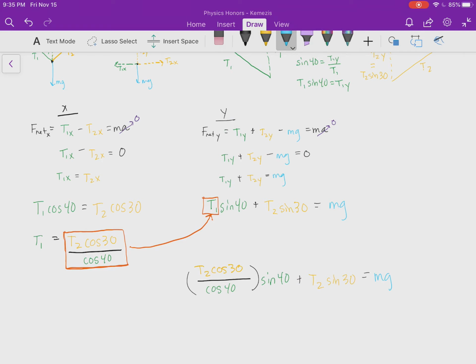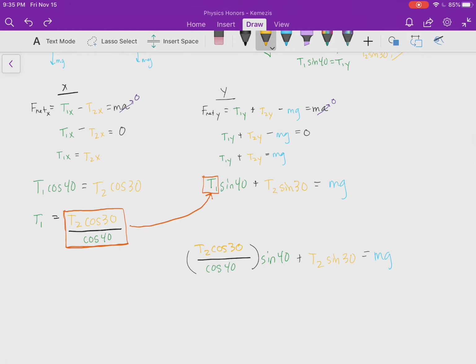So now in this equation we have one unknown, which is T2. Because we know mg, and sine 30, sine 40, cosine 30, cosine 40 are all numbers that we can get. So when we plug into this equation, T2, I'll put in the numbers.